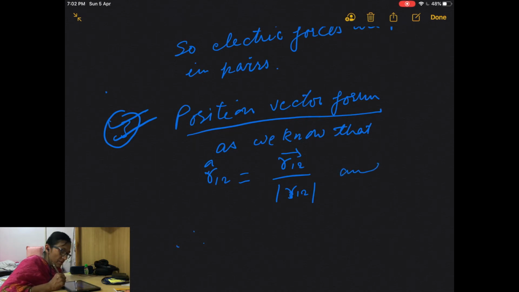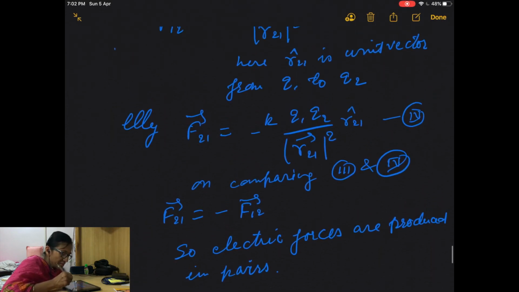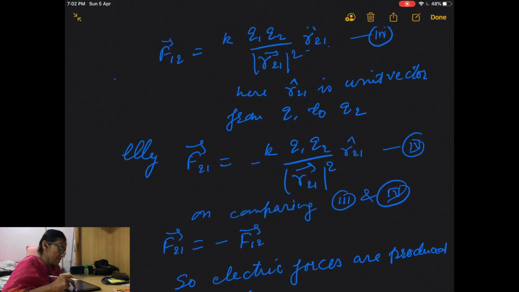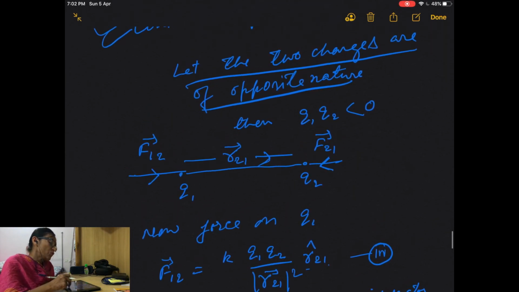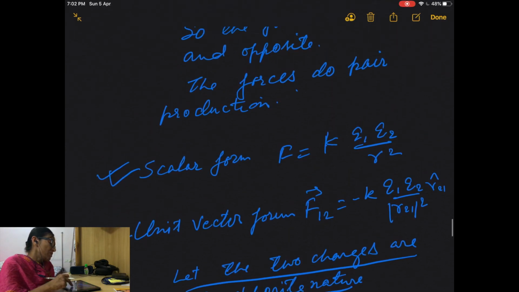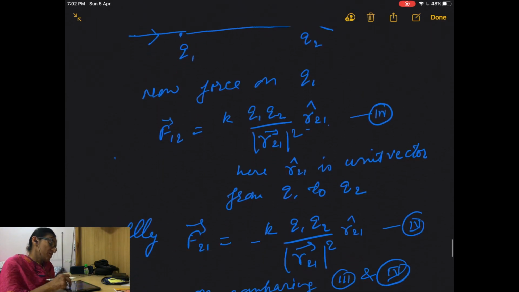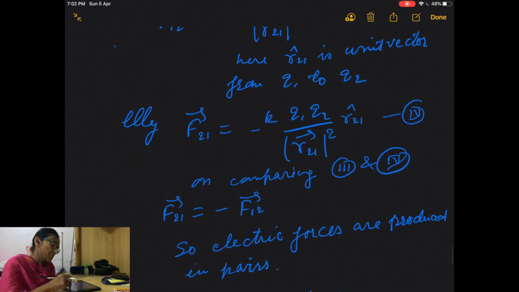Therefore, R21 unit vector is equal to position vector R21 divided by modulus of R21. We can use these two results in this formula of force. So from here, this equation, yeah.